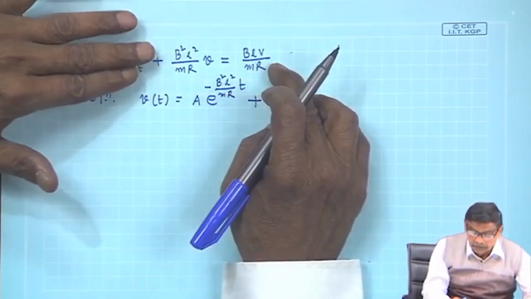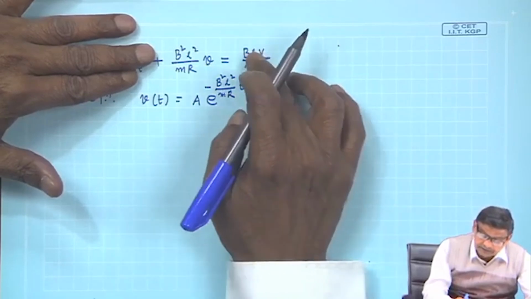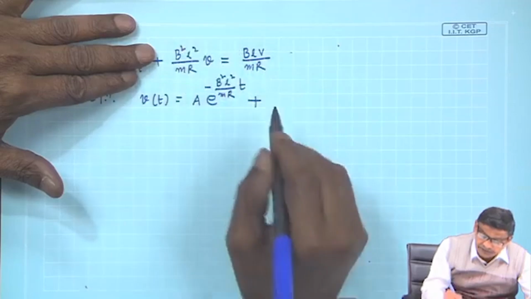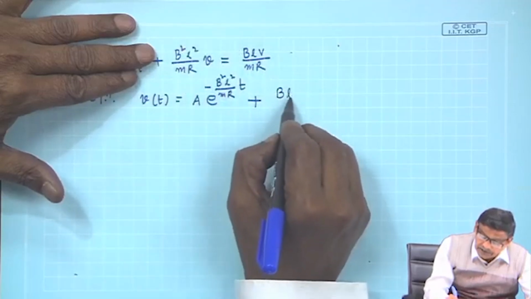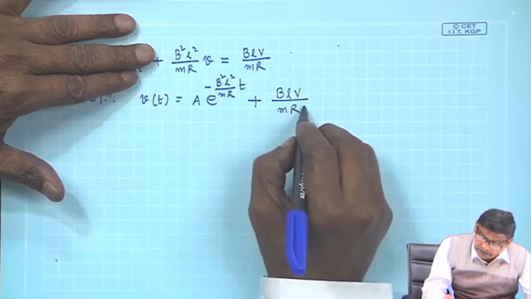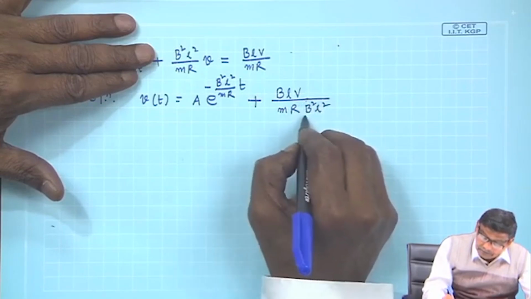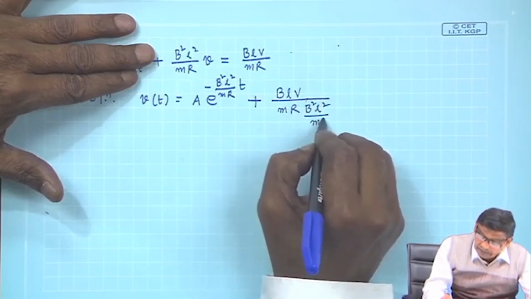So, the solution due to forcing function will be this divided by coefficient of this. So, this will be B L V by m r divided by b square L square by m r.